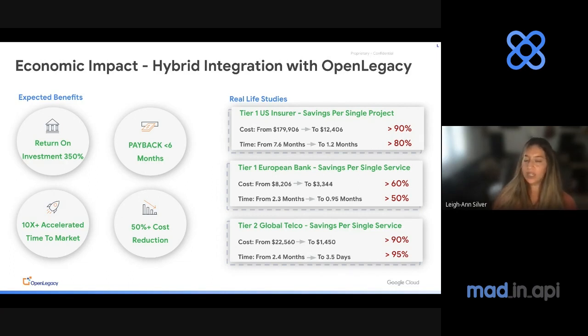What we do is record how clients are doing that integration today, then record how they are doing it with OpenLegacy and compare between the two, as well as how they would do over 3 years, with and without.